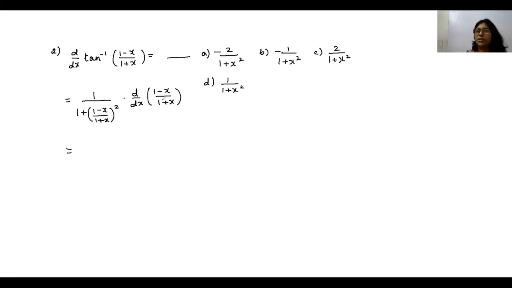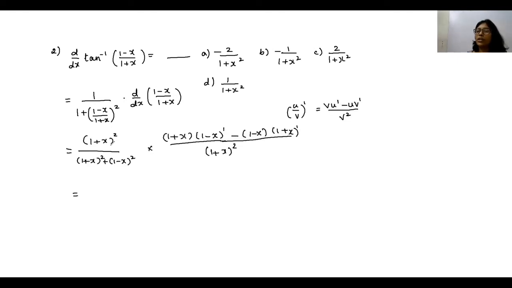Take the LCM and the derivative of u by v form. After applying the formula, we have the 1 plus x square LCM over here, and this formula, that is u by v dash. Differentiate this, minus 1, and the differentiation of 1 plus x is 1. So simplify that. This term will get cancelled, the denominator middle term will get cancelled.